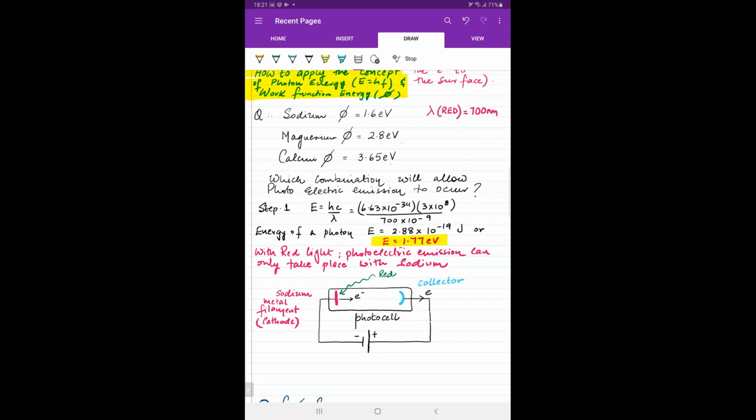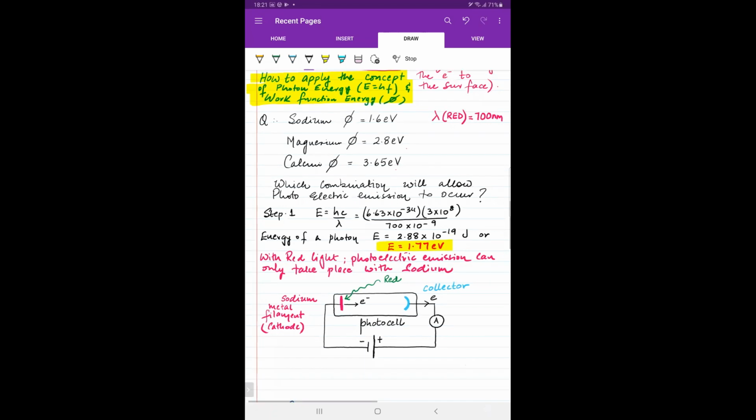However, if we place an ammeter in the circuit or a milliammeter in the circuit, then most definitely अगर photoelectric emission होगी, अगर होगी, तो current is going to be recorded. So this is how practical demonstration can be done.